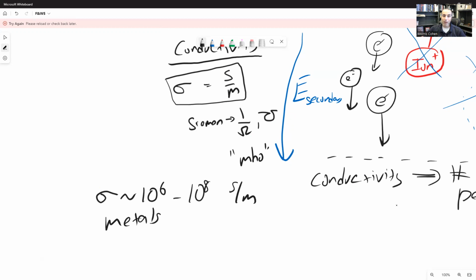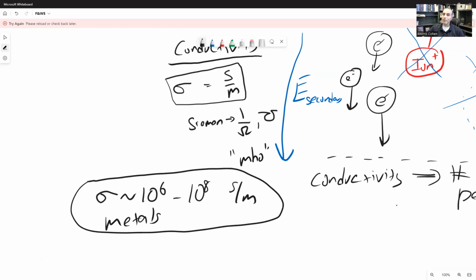This is a very high conductivity. Not infinite conductivity, but it's pretty high. Things like copper, aluminum, silver will all be in this range. And these are very high conductivity materials, right? Silver, steel.